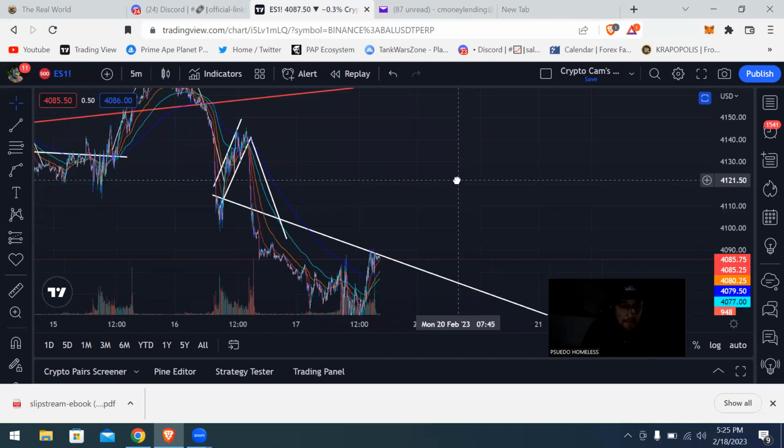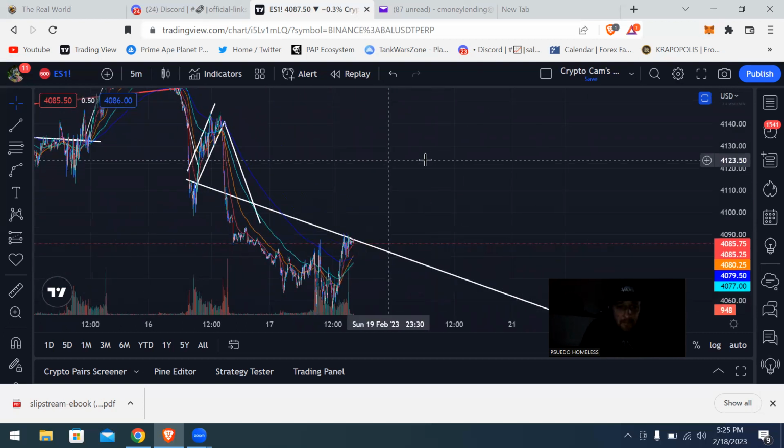So yeah, confluence. If you hear somebody say three layers of confluence or double confluence, it's basically when you have multiple ideas that support the same theory.